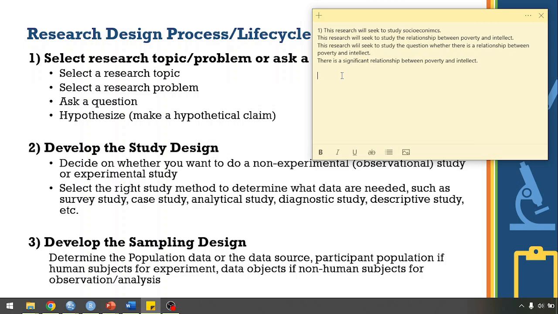In this case, we have not introduced any change. We have not introduced the poverty variable as a cause to check for the effect on intellect, or introduced intellect as a cause to check for the effect on poverty. Since we did not introduce any experiment, this fits perfectly for an observational design.